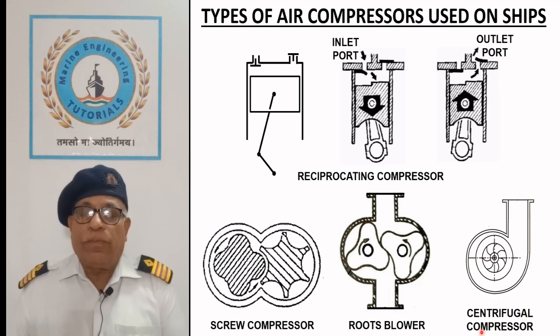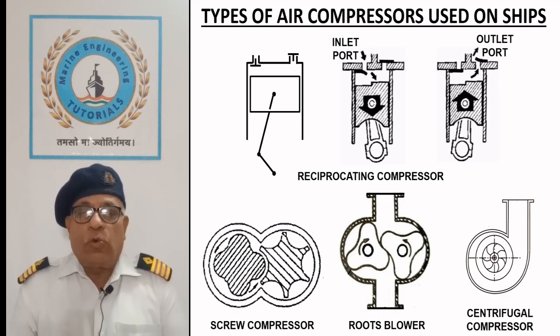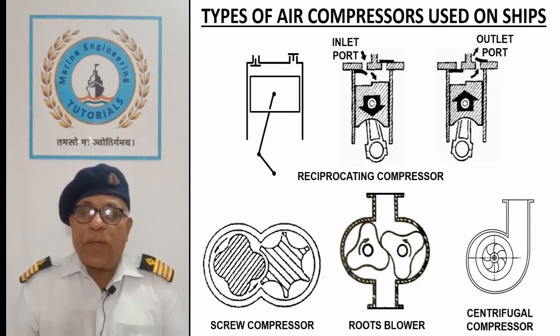Centrifugal compressor. Centrifugal compressors fall under the rotodynamic type, which include both radial and axial flow compressors. Rotating vanes impart kinetic energy to the air and stationary passages convert velocity into the rise in pressure.